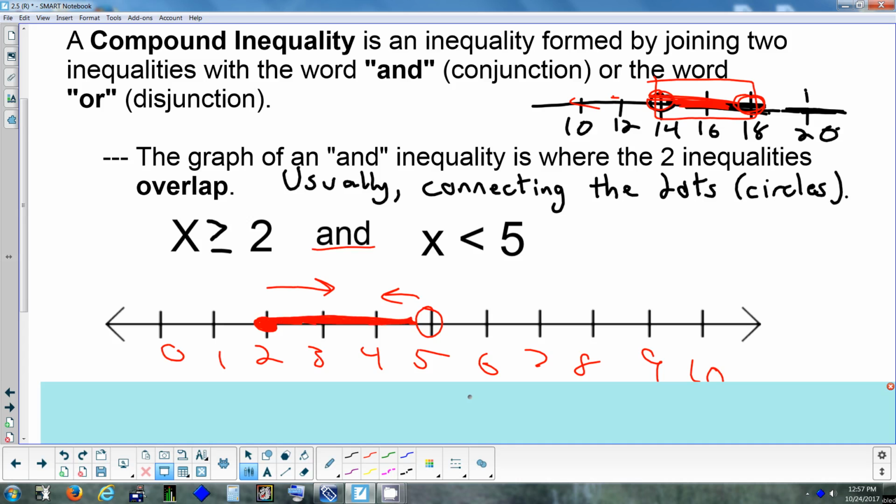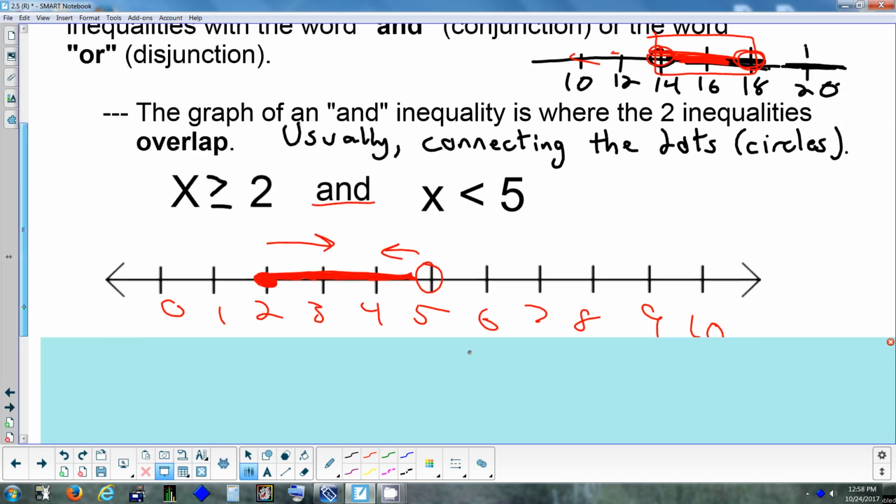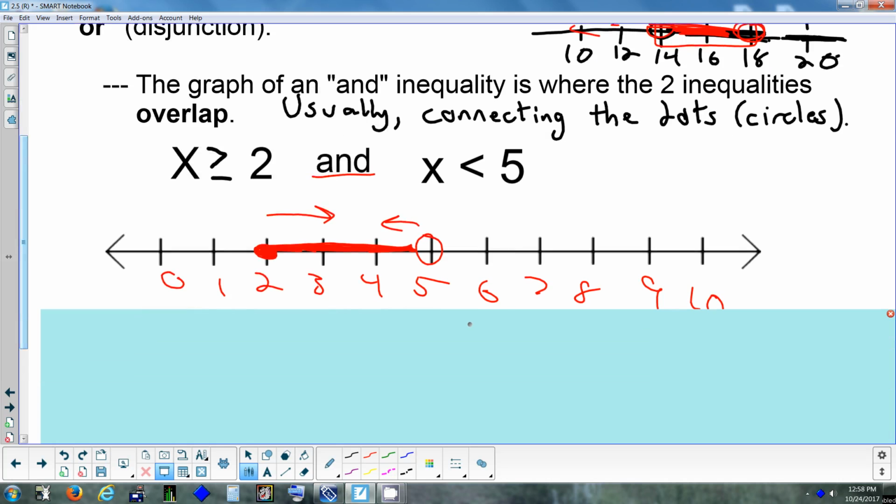Usually when you have an "and," it's just going to be connect the dots. Make sure you put the right type of circle depending on what kind of sign you have, and then just connect the two dots. In most cases, they'll almost always be connected dots.